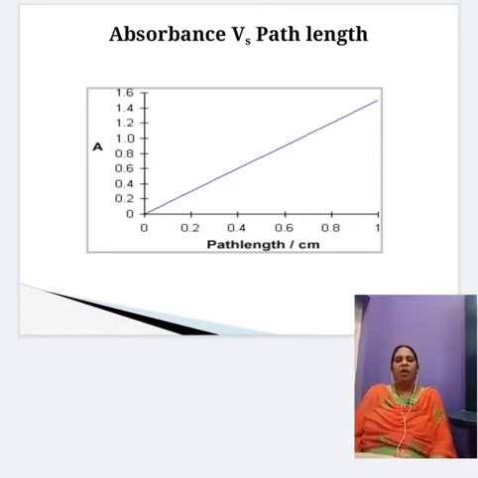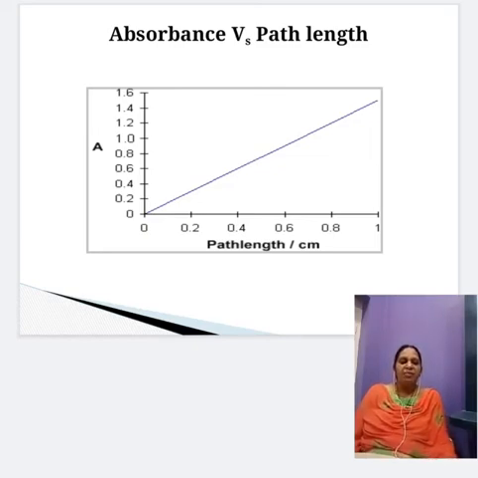When you are plotting a graph between absorbance and path length, taking the path length on the x-axis and the absorbance on the y-axis, what happens with increase of path length? Path length is nothing but the thickness of the material of the medium. If the length of the medium is increasing, when the incident radiation falls on the medium, the more the thickness, the more the absorbance.